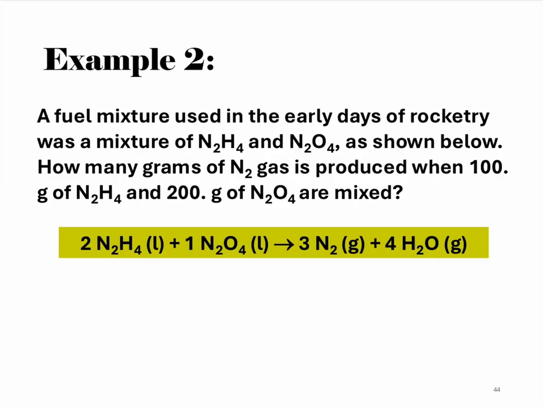So now we know we have non-stoichiometric amounts because everything's given in grams. So we know automatically that's not going to give us exactly 2 moles of this and 1 mole of that.